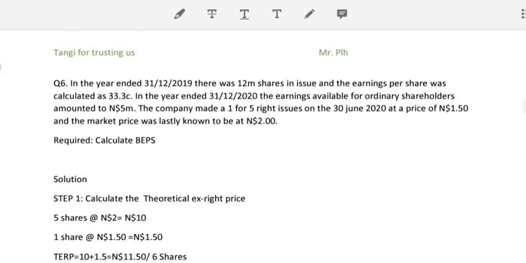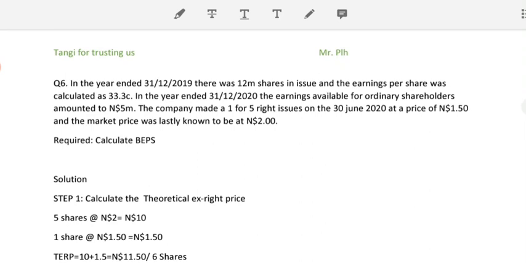With that, question number 6 we have there, where they say in the year that ended on the 31st of December 2019, there were 12 million shares in issue, and the earnings per share was calculated as 33.3 cents.